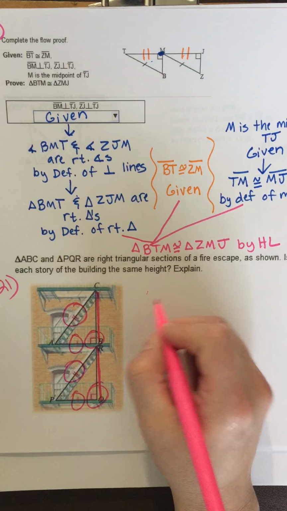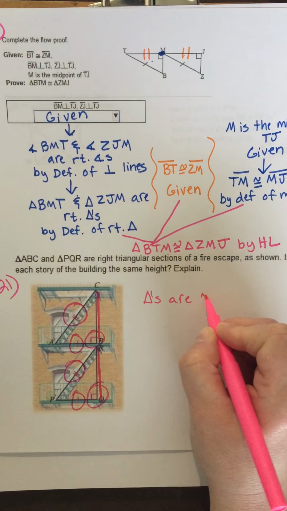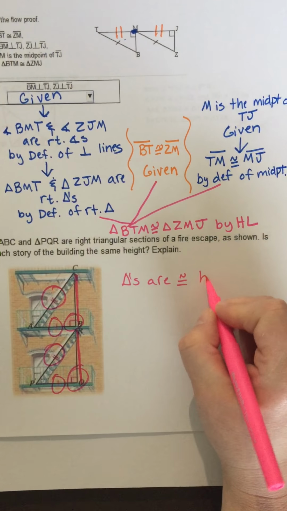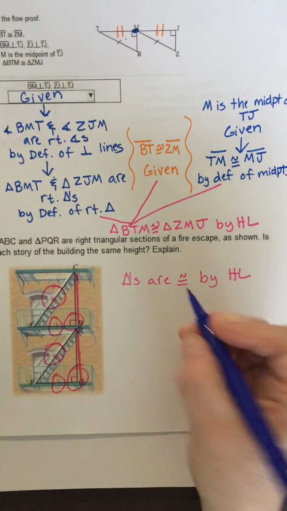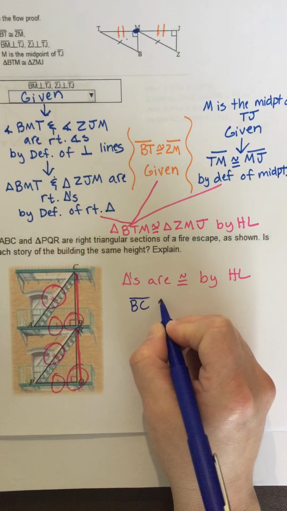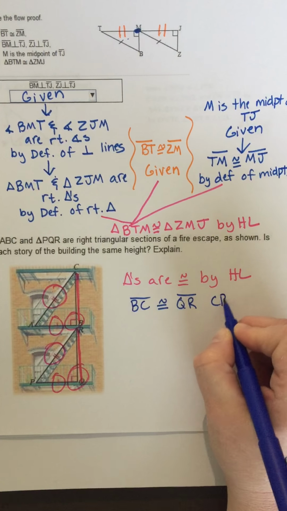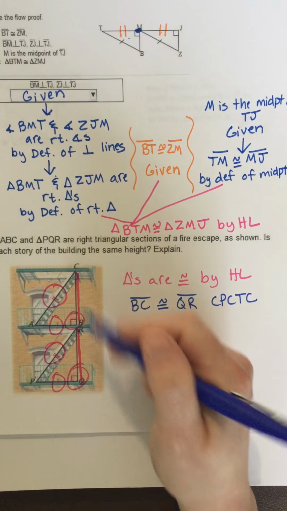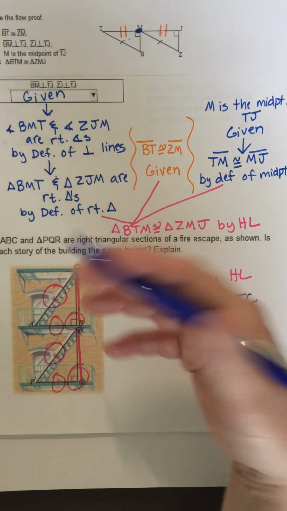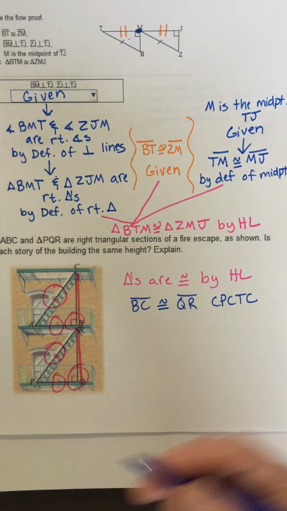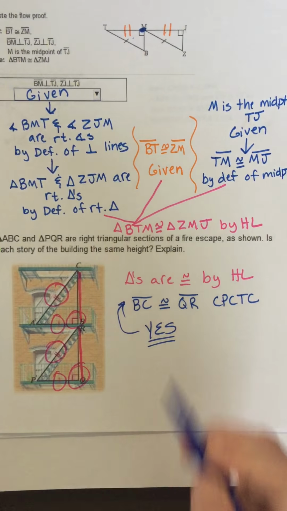So I know that the triangles are congruent by hypotenuse leg. And since that is so, I know that BC has got to be congruent to QR because of CPCTC. The corresponding parts of congruent triangles are congruent. So are the heights the same? Yes, they're the same. Woohoo. And there's the explanation.